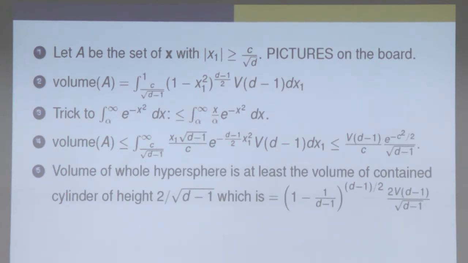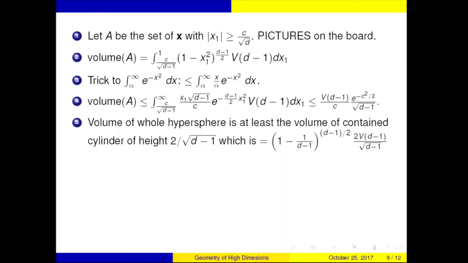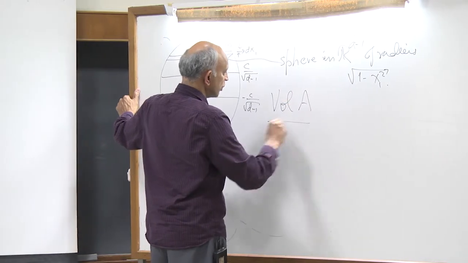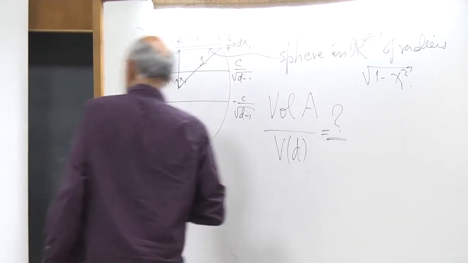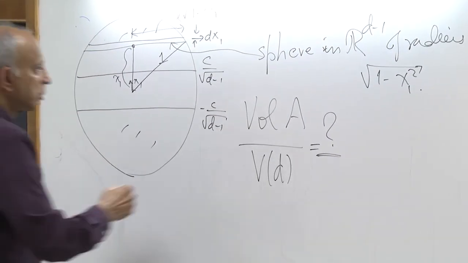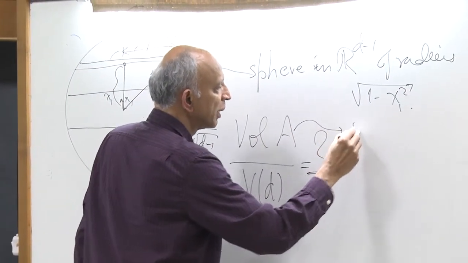Okay. And now I want a denominator. So I wanted the ratio of the volume of A to V(d). Now we've got the volume of A in terms of V(d-1).